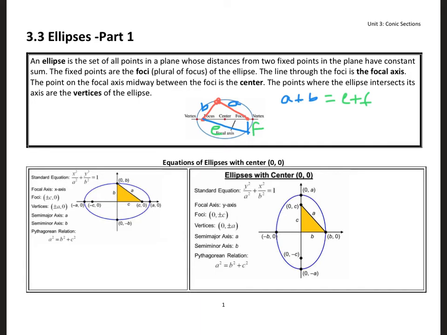We also need to know the Pythagorean relationship, this equation here. Note that when the ellipse is opening along the horizontal axis, you can see the x squared is the first variable. When it's opening along the y-axis, you can see the y squared right there. That can help you to know where it's opening.